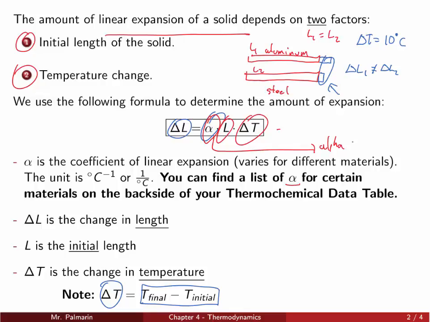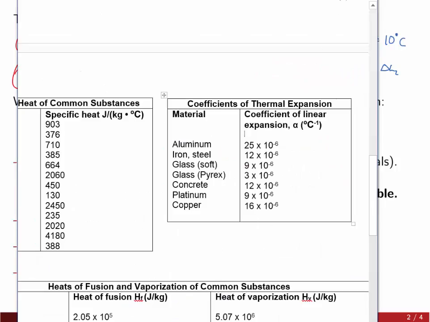It rarely will be the case, but use the values that I give you and go from there. Because it might be an experimental problem where the alpha might not match this table precisely, but certainly if we were to do this in a lab procedure, which we could do, then your value of alpha certainly might not match this.